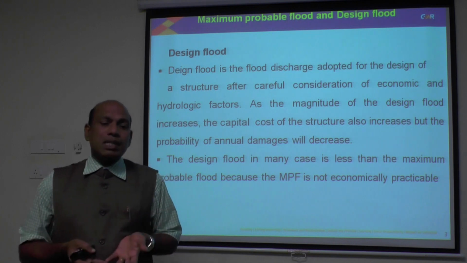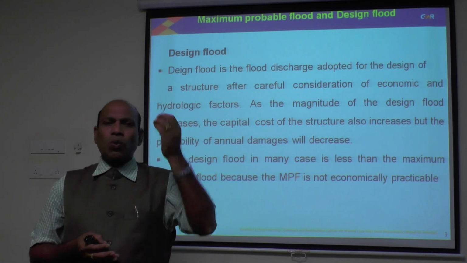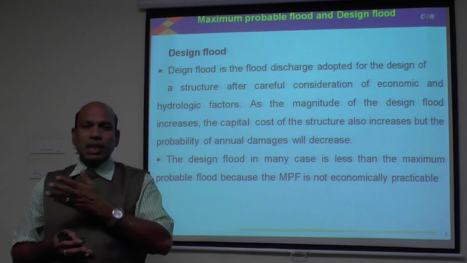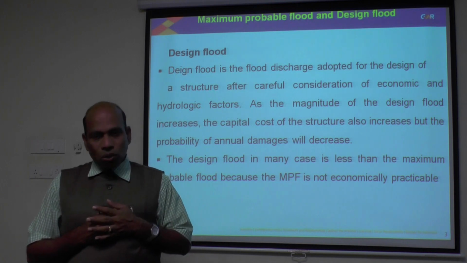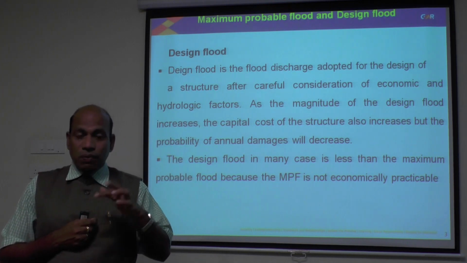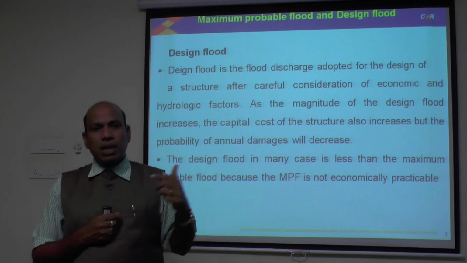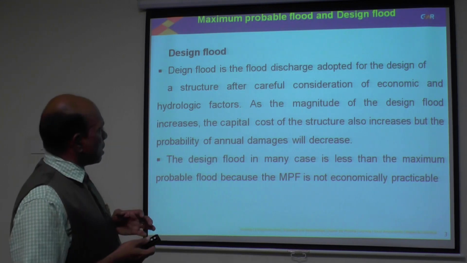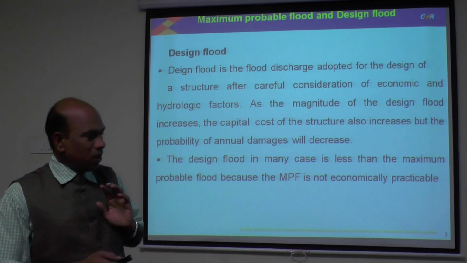So there is no damage, because the maximum quantity of water joining that area is only 100 TMC, and we have constructed the dam for 120 TMC. So the cost of the structure increases if the design flood increases, and the damages are reduced. Probability of annual damages also reduces. This is about maximum probable flood and design flood.